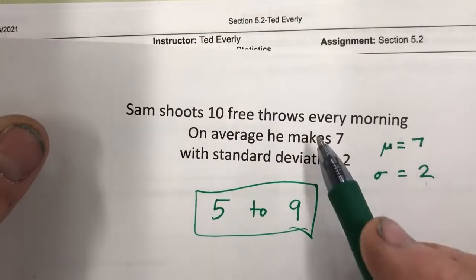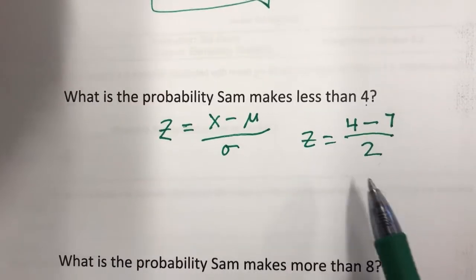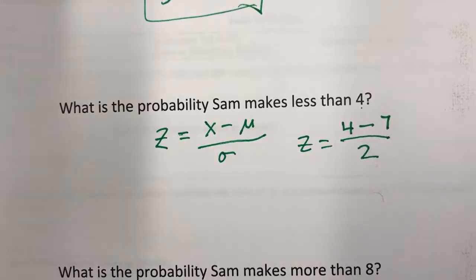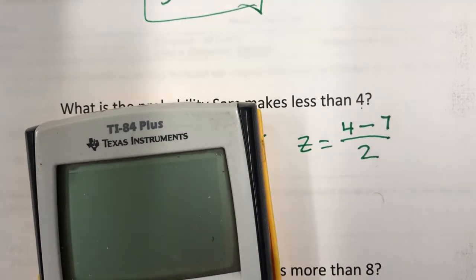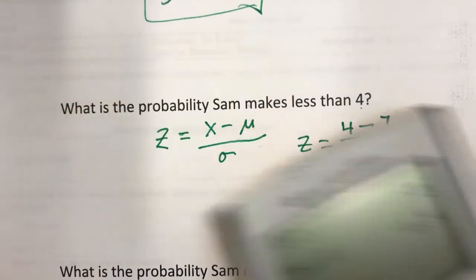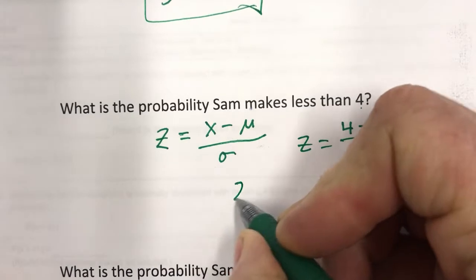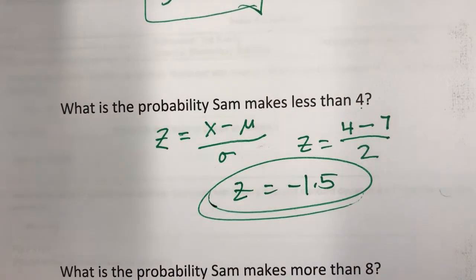Mu is 7 and standard deviation is 2. So I just put those in and calculate with my calculator: 4 minus 7 and then divide by 2. That's negative 1.5. So my z-score is negative 1.5.